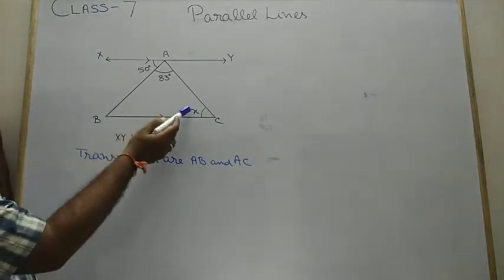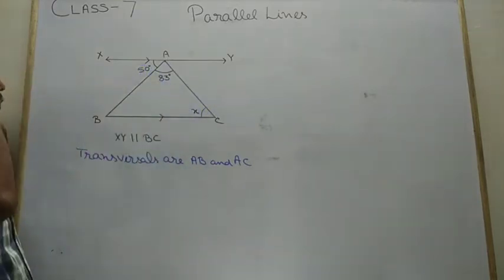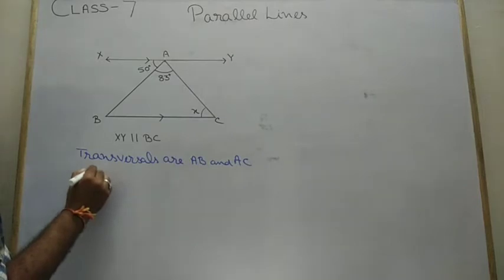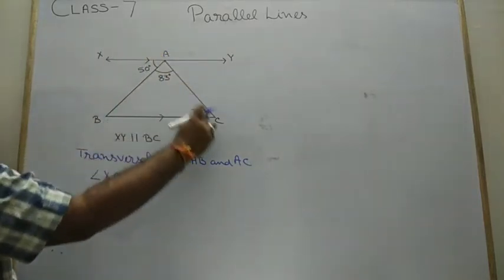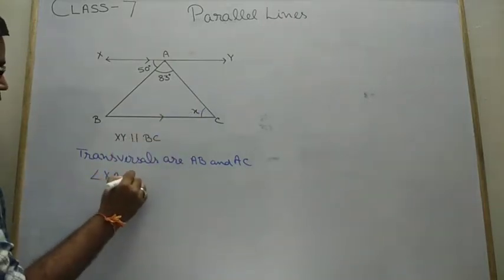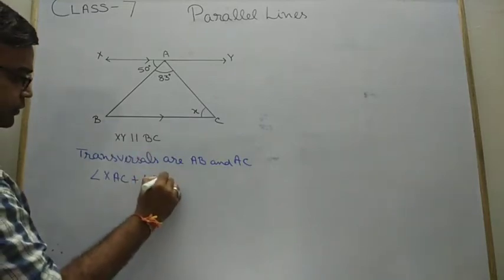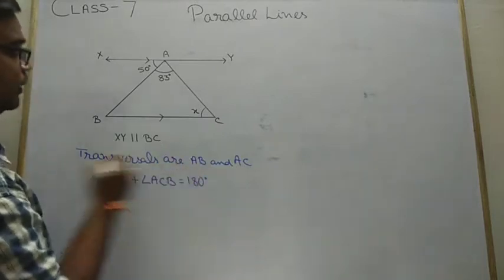Here, if this is a transversal, then these two angles are corresponding. So we have to solve these two. Now we can say angle XAC plus angle ACB equals 180 degrees. Why?